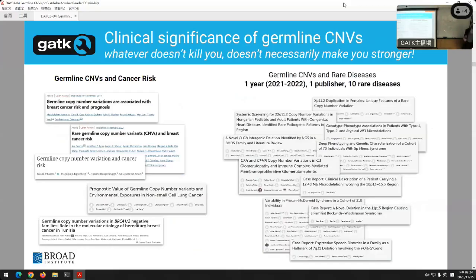But they're also very important in rare diseases. So these are screenshots of papers just from 1 year and one publisher. There were 10 papers on the role of copy number variants in various Mendelian rare diseases. So these are super important clinically.